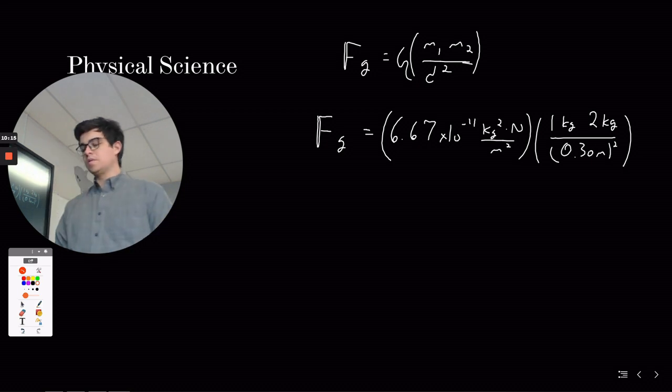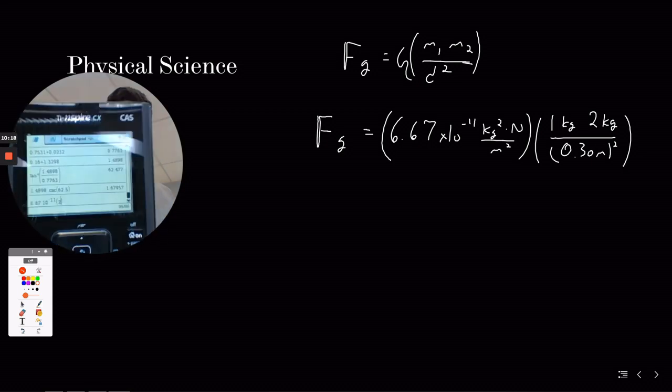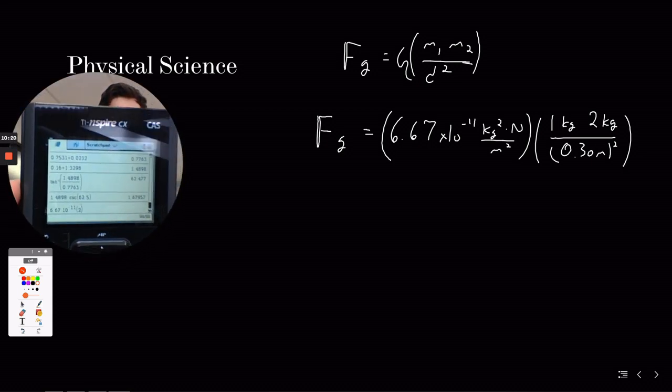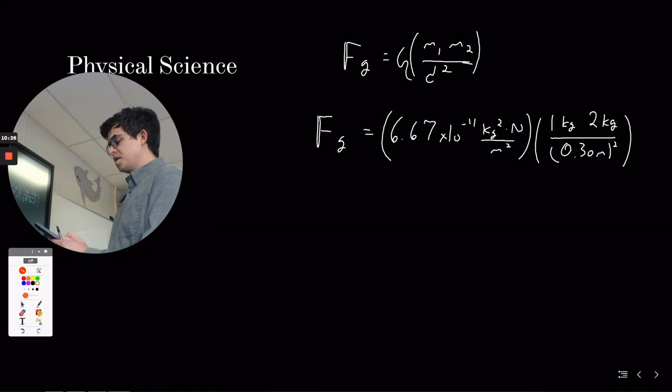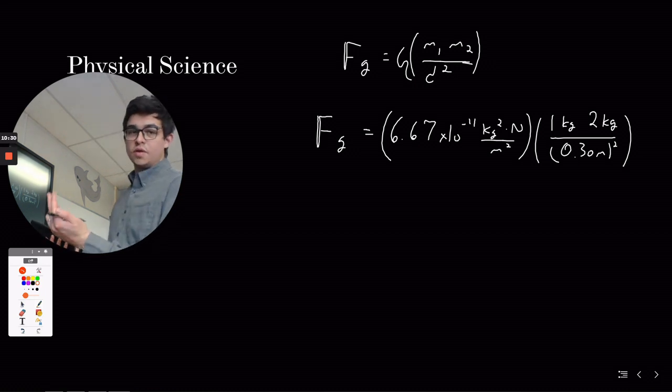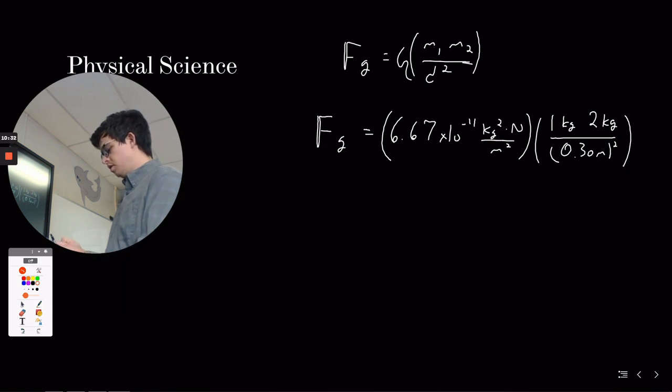I'm going to use my TI Inspire CAS calculator, not a sponsor, to solve this problem. So I'm going to type into my calculator 6.67 times 10 to the negative 11th times, well, 1 times 2 is just 2, so I'm just going to type in 2, divided by the quantity 0.3 squared.